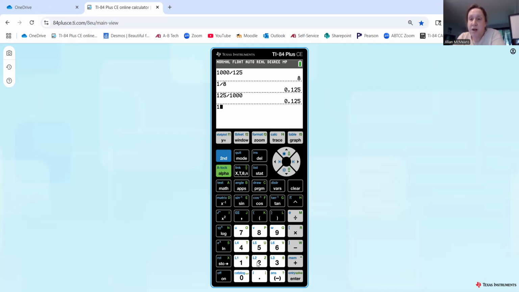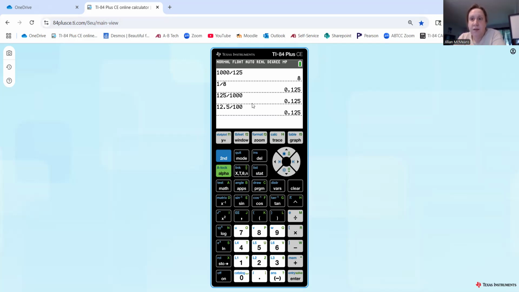And remember, we started out by converting our percent to a fraction by taking 12.5 and dividing it by 100. Hopefully we get the same decimal, and we do. So those three fractions, 1/8, 125 over 1,000, and 12.5 over 100, all really truly do equal the decimal form of that percent, which was 0.125.